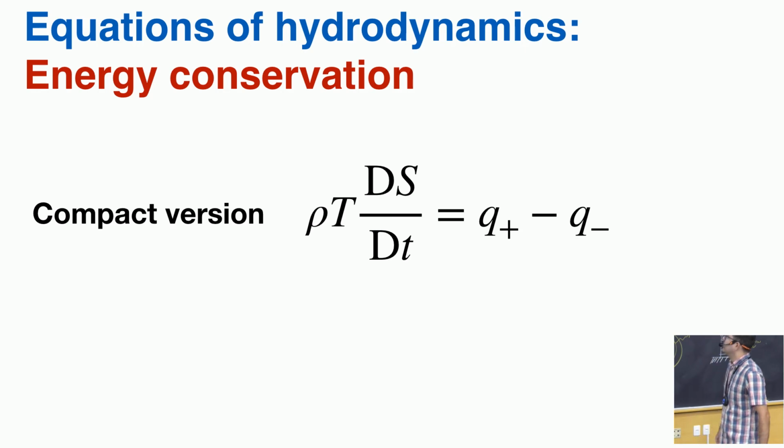we will, before tomorrow, let's write the energy conservation equation in a more compact version, which is this, where S is the entropy of the gas, T, the capital T, is the temperature.